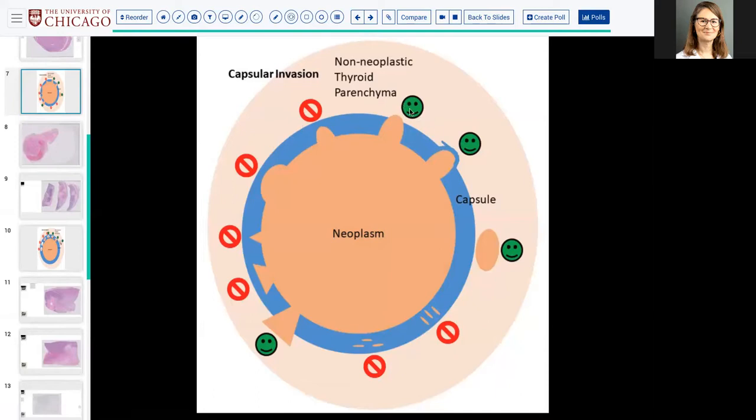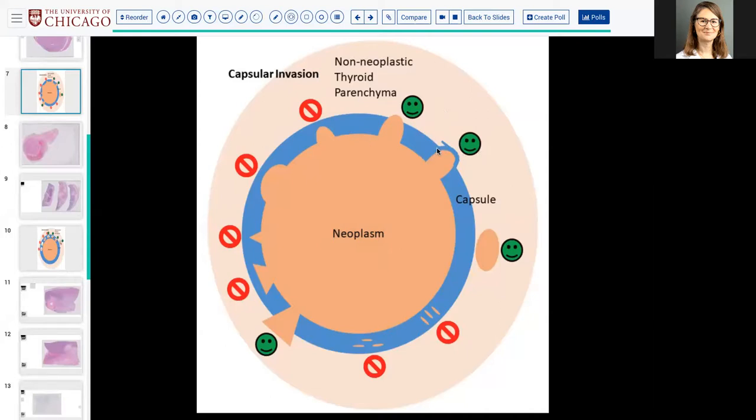So yes, invasion for the happy faces, and no invasion for the red lines. I adapted this diagram off of the CAP protocols because I thought the diagram was very nice, but it was a little old-fashioned looking. So I updated it, and I've provided this here for you to understand what really is okay for capsular invasion.